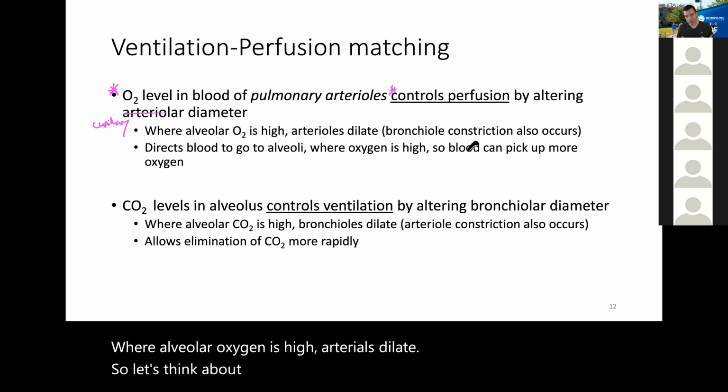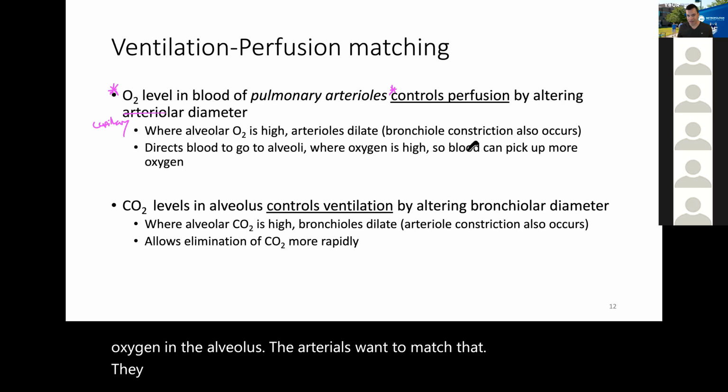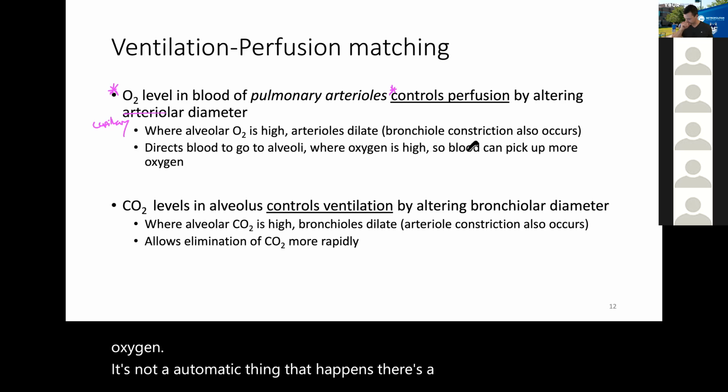Where alveolar oxygen is high, so there's a lot of oxygen in the alveolus, the arterioles want to match that because they want to bring in all that oxygen. It's not an automatic thing that happens. There's a little bit of delay.